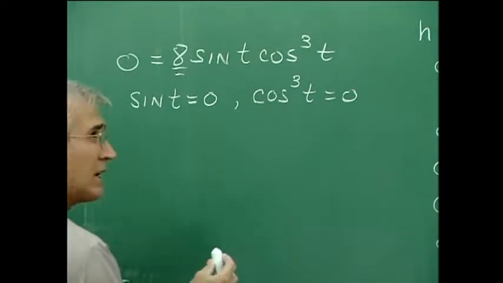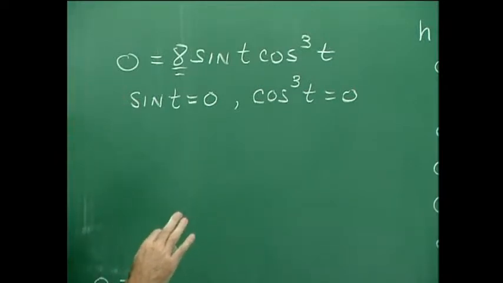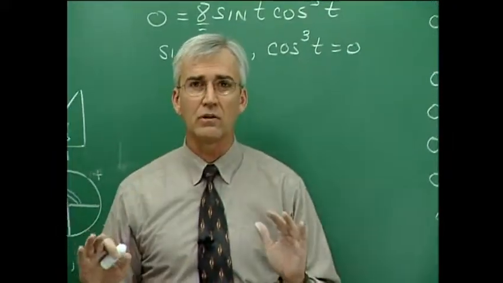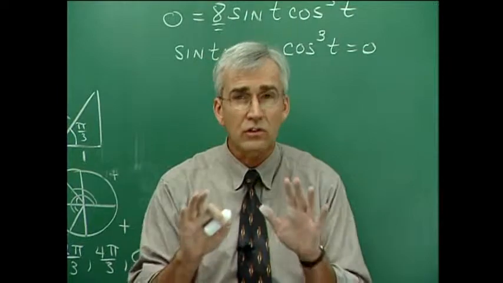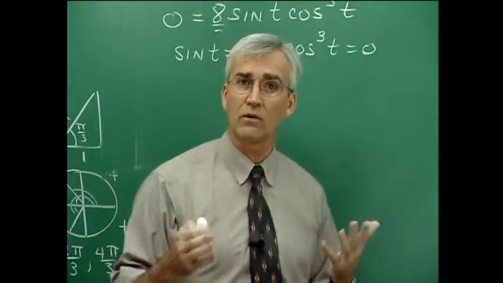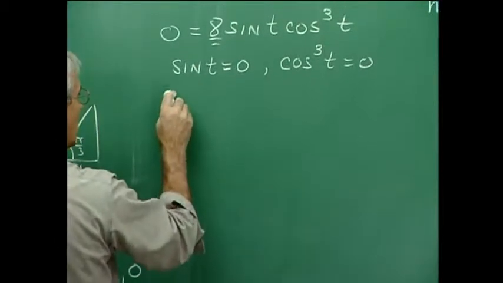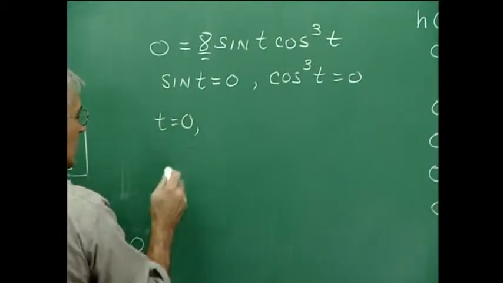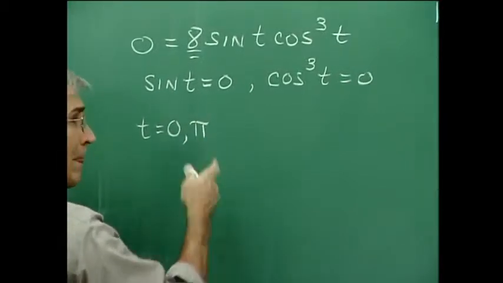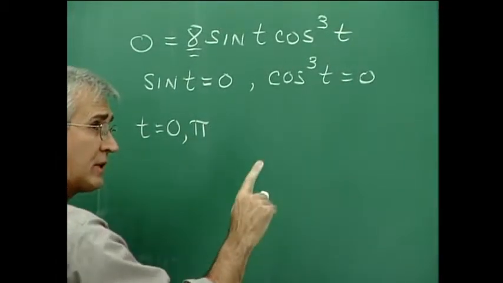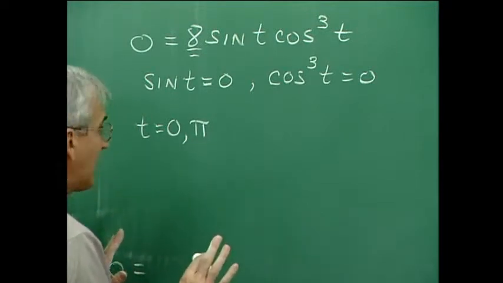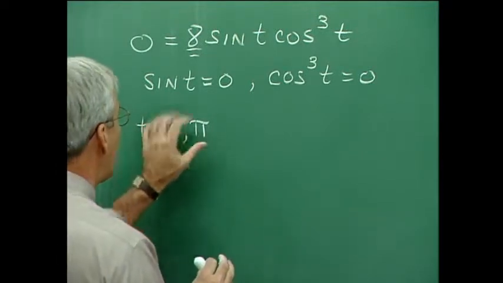Without even drawing it, we ought to be able to imagine how that sine curve goes. It starts at an intercept. It starts at 0. It goes to the top of the amplitude and back through 0 at pi, bottom of the amplitude, and then back to 0. But that last 0 occurs at 2 pi, and we're disallowing that value. Okay, so 0 and pi for this.